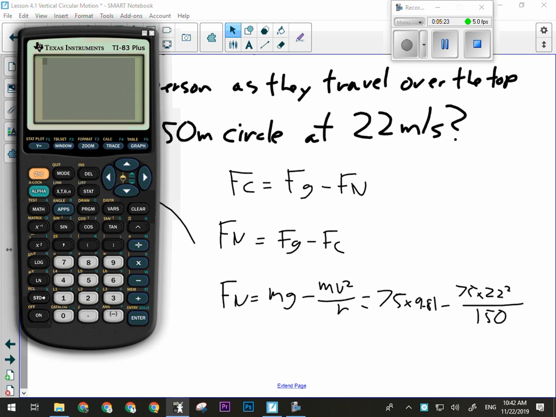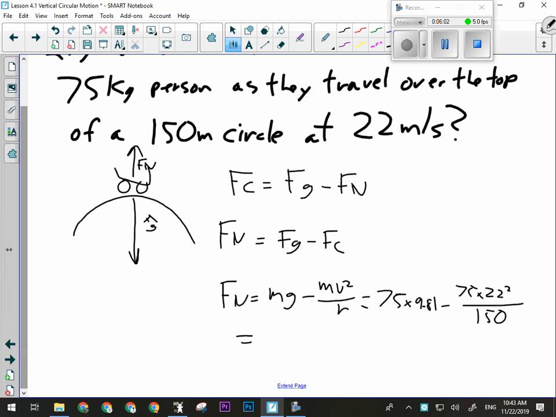All right, so 75 times 9.81 minus 75 times 22 squared by 150. So we're looking at an apparent weight of 494. Actually, we only have two significant digits here, so it'll be 4.9 times 10 to the 2 newtons.